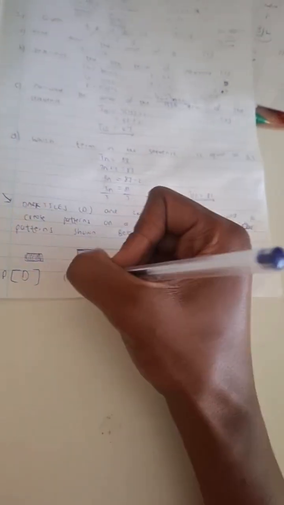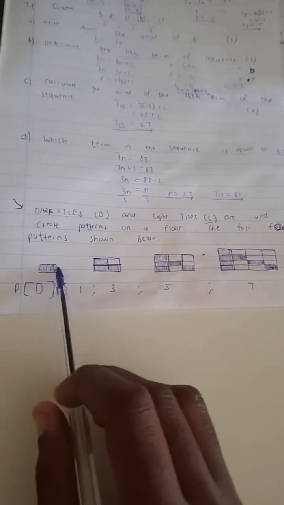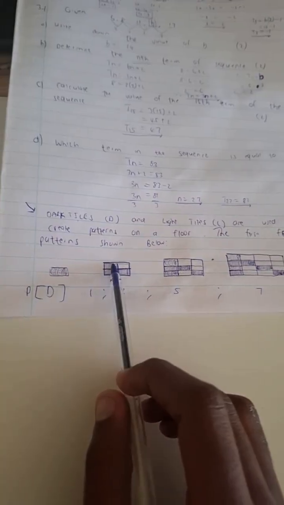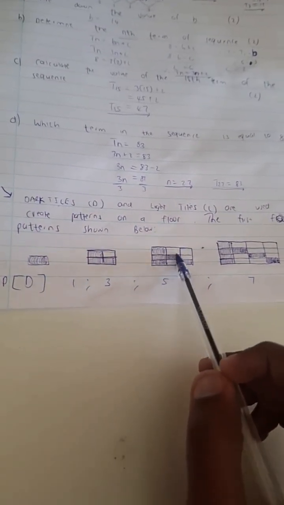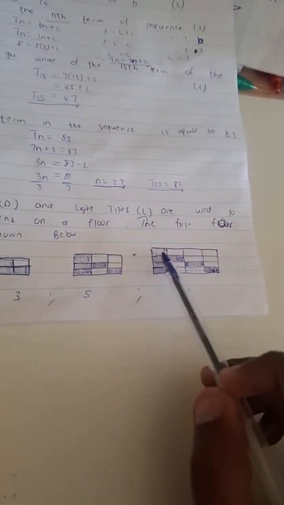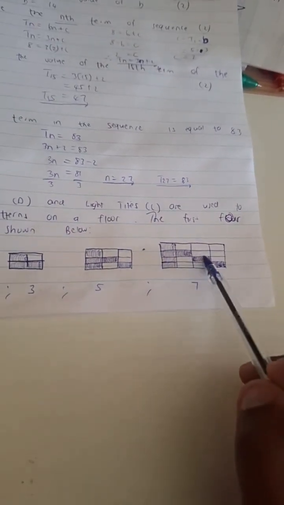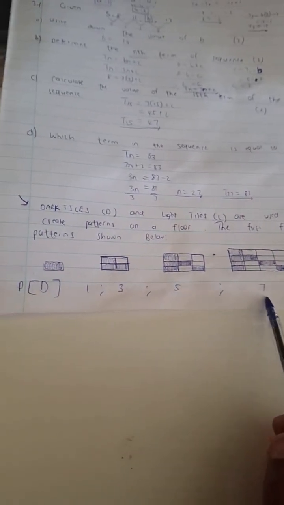So do you see the pattern that is formed by dark tiles? 1, 3, 5, 7. That's the pattern for the dark tiles. 1 dark brick, 1, 2, 3 dark bricks, 1, 2, 3, 4, 5 dark bricks, 1, 2, 3, 4, 5, 6, 7 dark bricks. So we have a pattern of 1, 3, 5, 7 formed by the dark tiles.